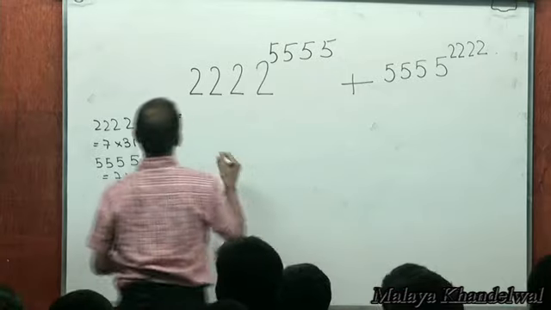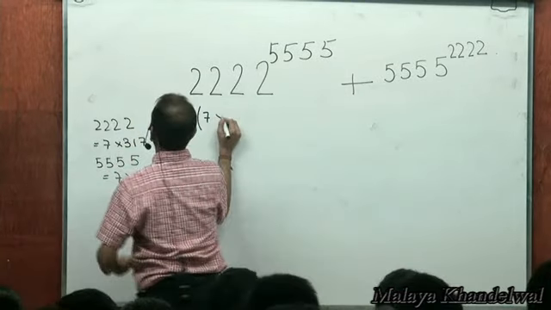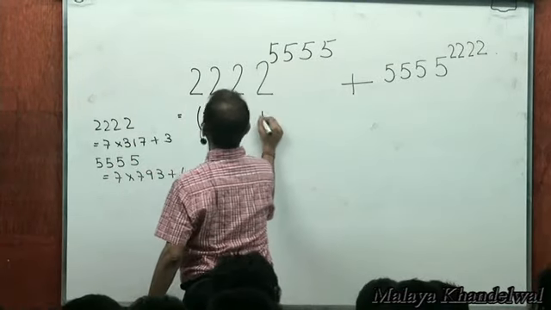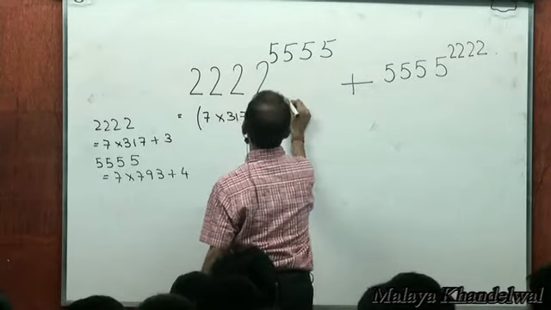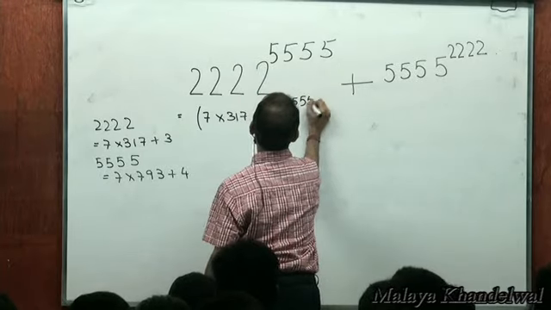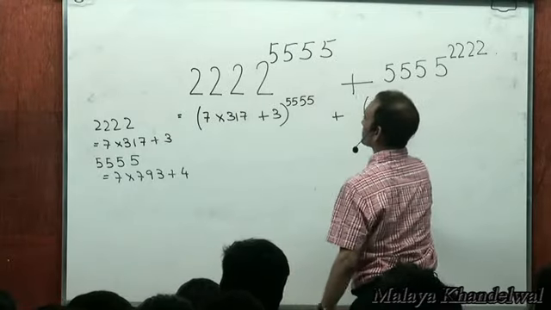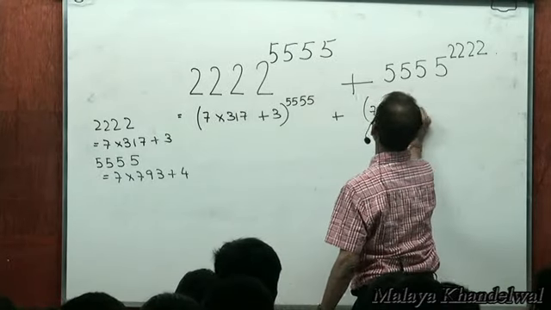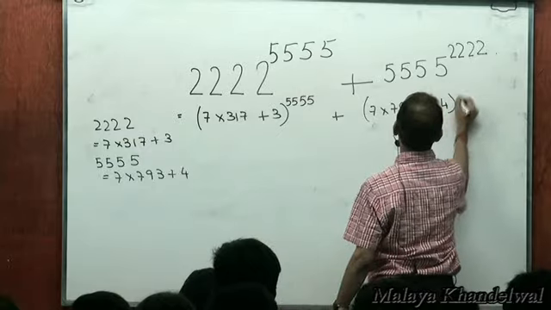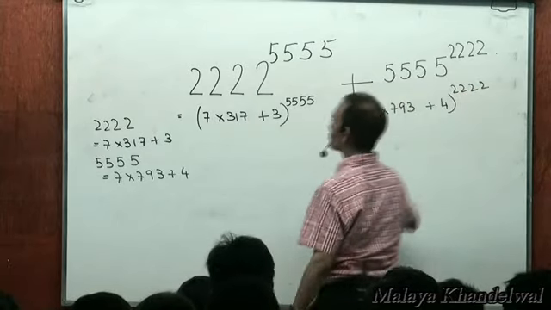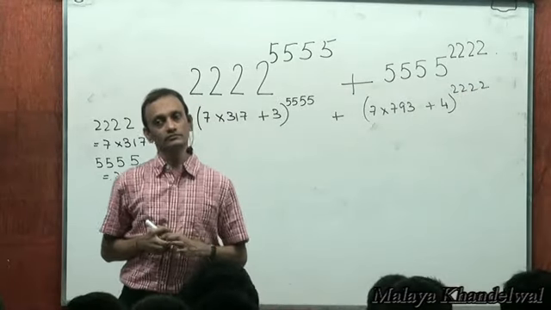So what I do is, this is 7 into 317 plus 3 whole to power 5555, plus this is 7 into 793 plus 4 whole to power 2222. Right?